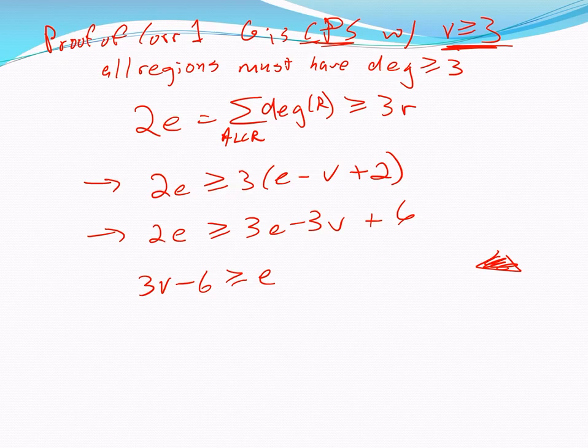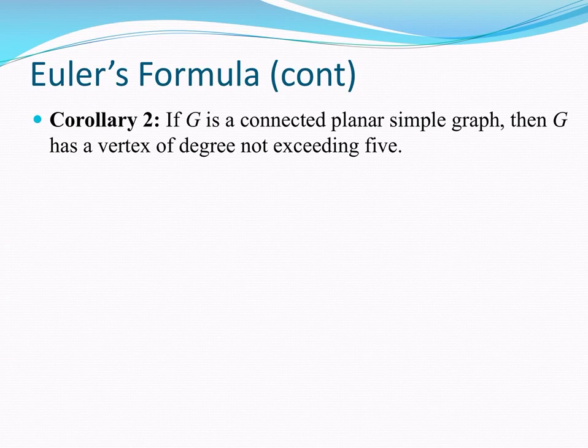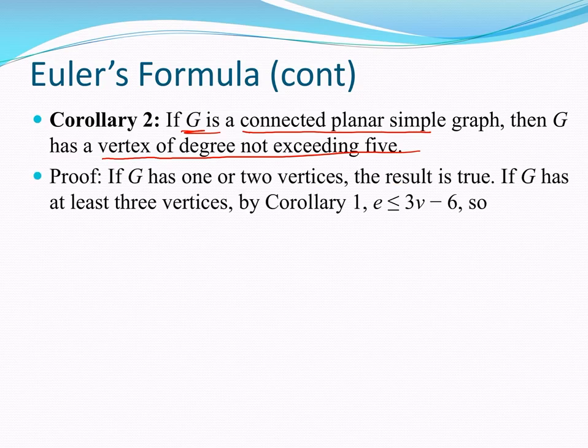Okay, we're going to use that in the proof of the next corollary, Corollary 2. If I have G as a connected planar simple graph, then I can say that G has a vertex of degree not exceeding 5. All right, well, if I've got 1 or 2 vertices, then I certainly won't have degree exceeding 5.